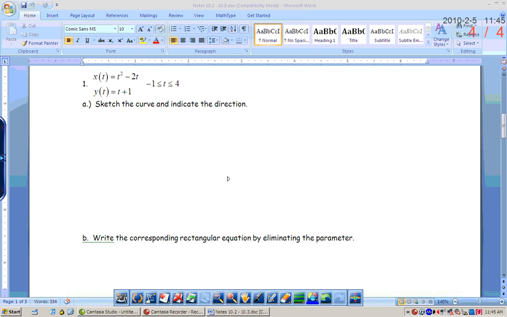I'm working under B, but I'm going to use some of the space up here so I can see the equations. My two equations are x equals t squared minus 2t and y equals t plus 1. Any thoughts as to how I can get rid of the t's in those two equations?